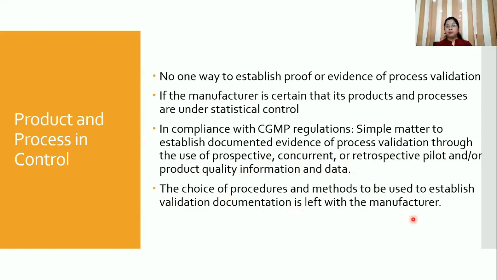So whatever we are preparing, all that data we need to keep with ourselves as a manufacturer. All these things should be there with the manufacturer. Just to prove that the product and process is in control, we have to establish a number of proofs and evidences for the process validation.